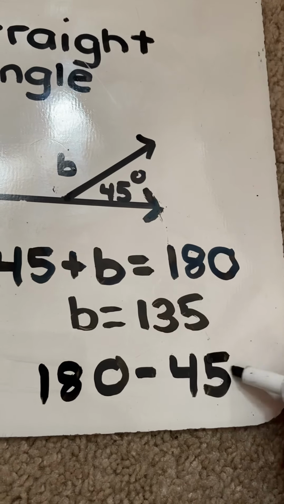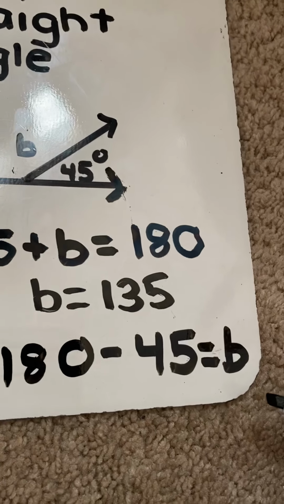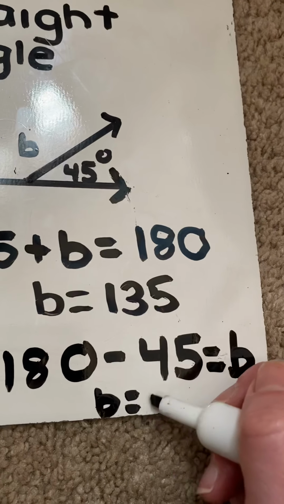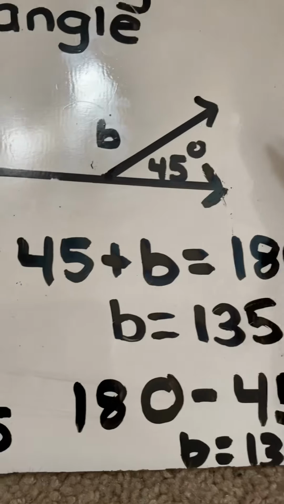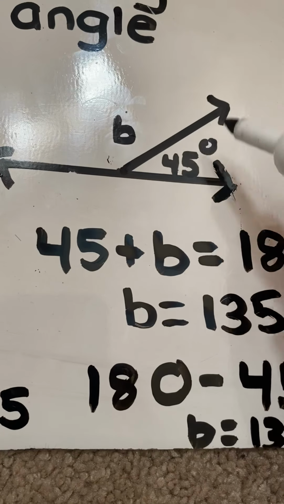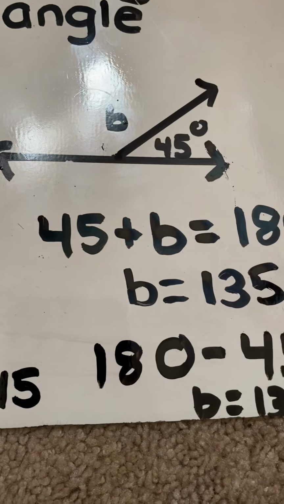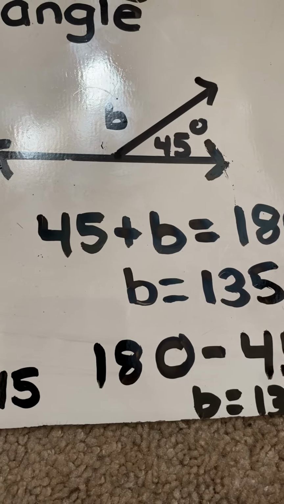And when we do that, we're going to find the unknown of B. 180 minus 45 equals 135. Okay, so when you have two angles together, or when we have angles together and they measure up to 180 degrees, we have supplementary angles.